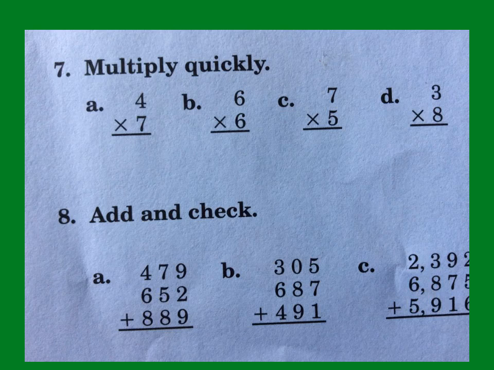And the same thing here. Before you do that, though, let's look at these. We'll do them quickly together. 4 times 7 is 28. B, 6 times 6 is 36. C, 7 times 5 is 35. D, 3 times 8 is 24.